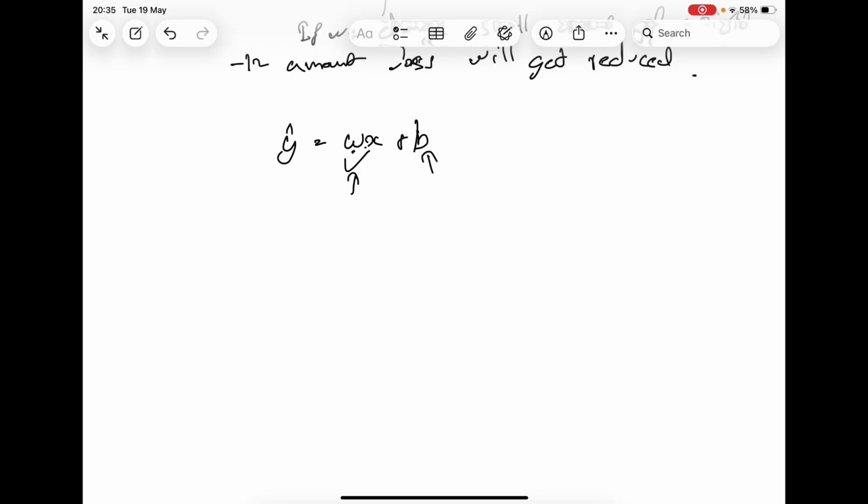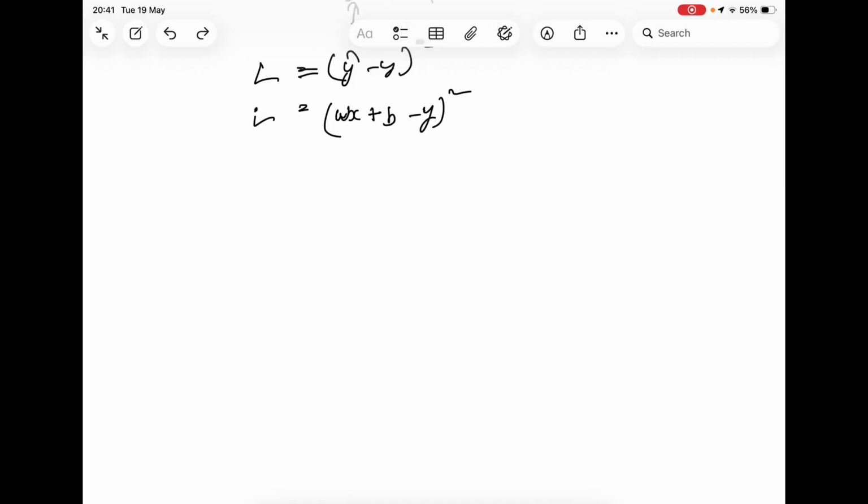So we'll take the same loss function. So if we write y hat, which is the predicted value, in another way, wx plus b, right?